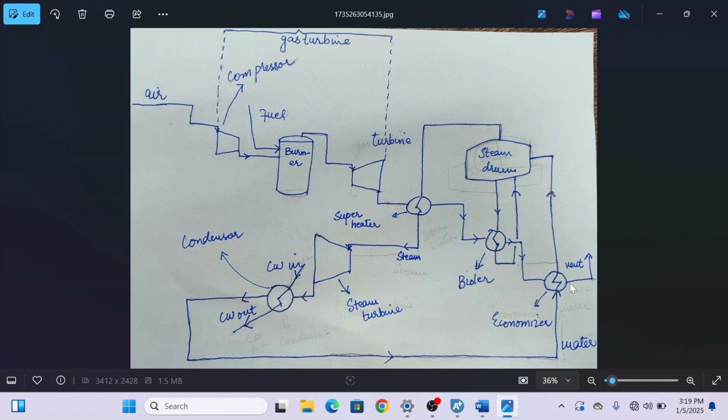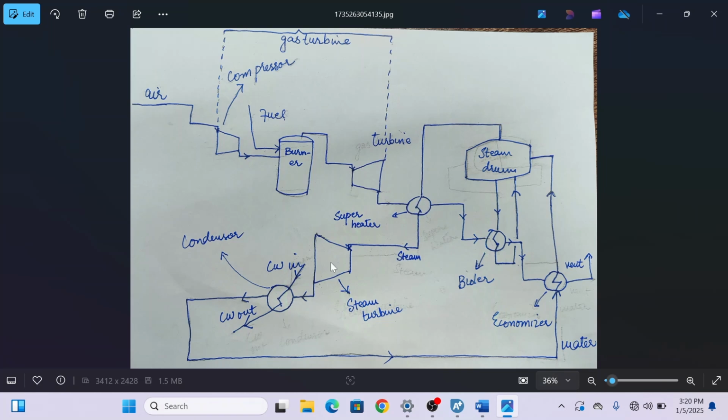After exchanging heat in the economizer, the gases go into the environment. Also see where and how we will use a steam drum. The steam drum is normally present after the economizer, and the recirculation of the evaporator happens here. The liquid and vapor phases separate, and this vapor phase, as it is saturated, goes to the superheater to be superheated.